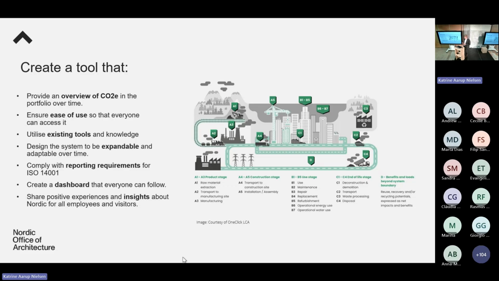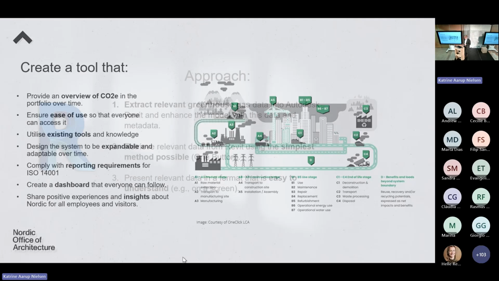We're ISO 14001 certified, so we needed something that was possible to use in that context. And we wanted the dashboard so that everyone can follow the development of the projects. And obviously, we would like our clients and our employees to get positive insight into what Nordic is actually doing.